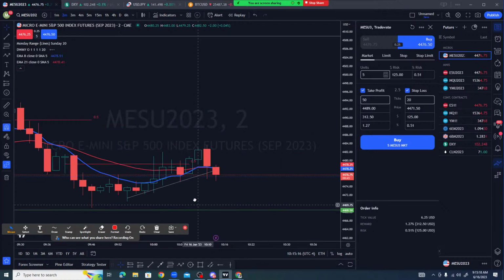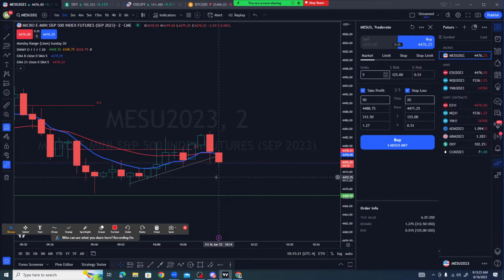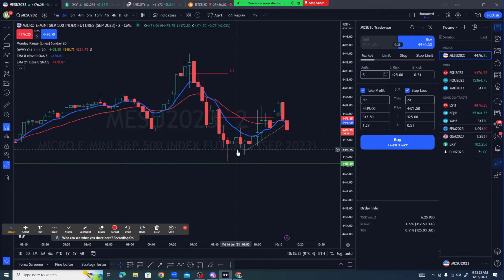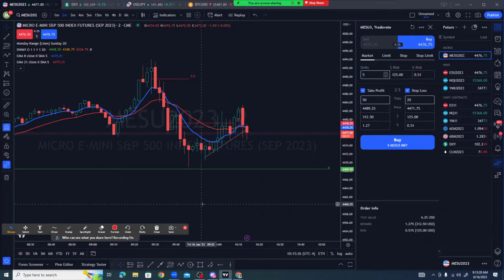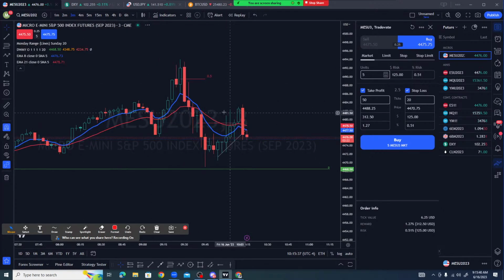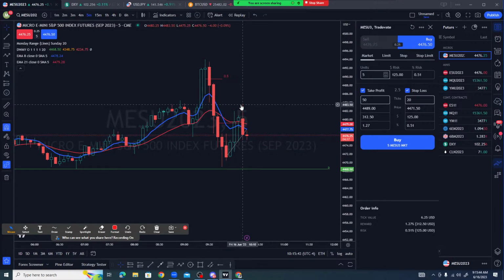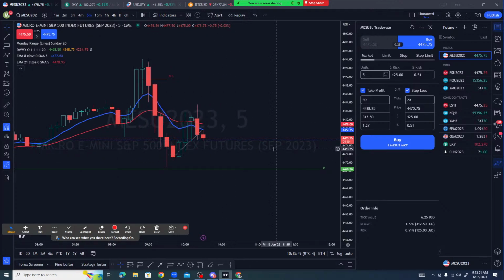2-minute chart. Holding right there. Five-minute chart got in that fair value gap, and now we're selling off.